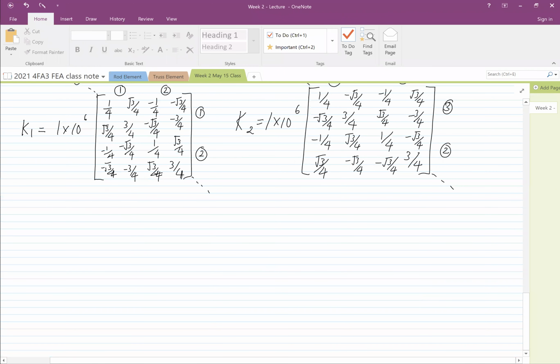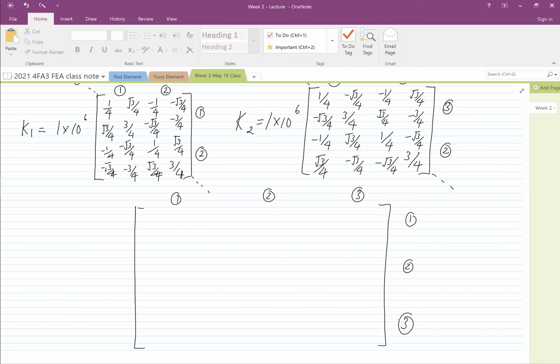But I'll show you how I put it together. I'm going to make a big matrix and name them 1, 2, and 3. And then you just write the whole terms, same thing there.